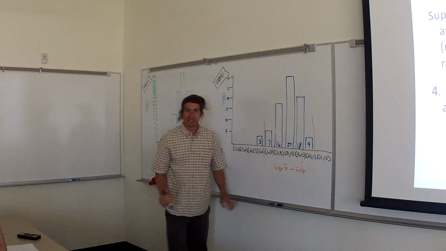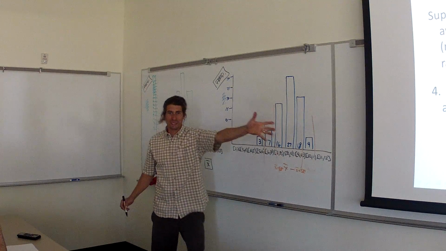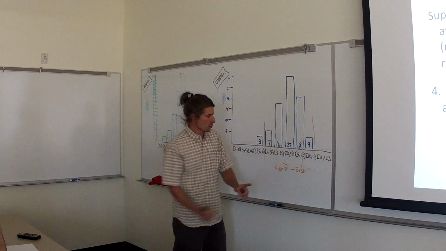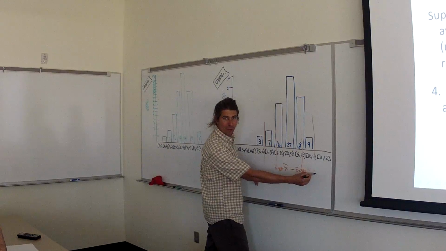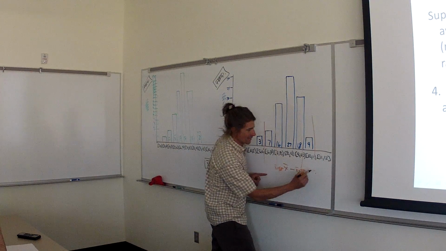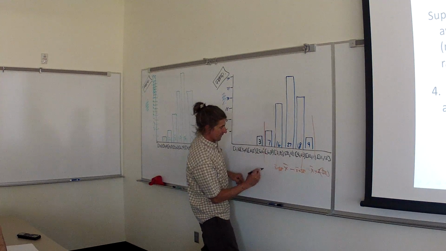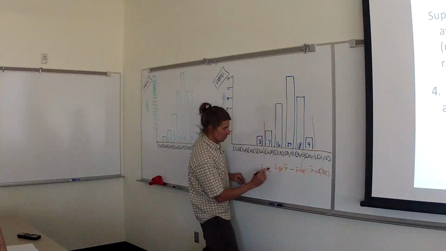That's going to trap about 68% of your sample averages, isn't it? 1 standard deviation, or 1 standard error. If you go up to 2 of them, you're going to trap about 95% of them, right? X bar plus 2 standard errors. And this guy down here, X bar minus 2 standard errors.